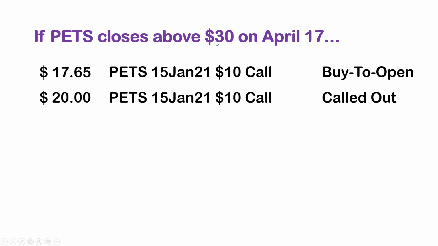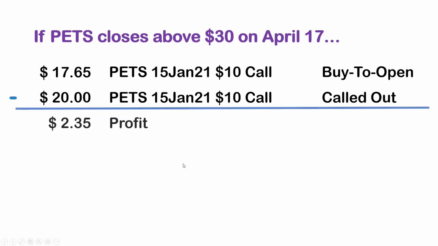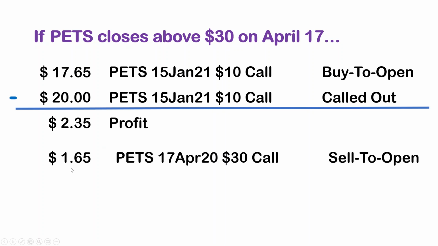You might say, well, why don't I get to keep $30 like last time? Because I have to give the person I bought that call from $10, so I keep the spread, hence the name diagonal debit spread. I keep the difference, $20. That gives me a profit of $2.35. But remember, I've only invested about 50%, a little more than 50% of the original price. I get to keep the $1.65 up front as well.